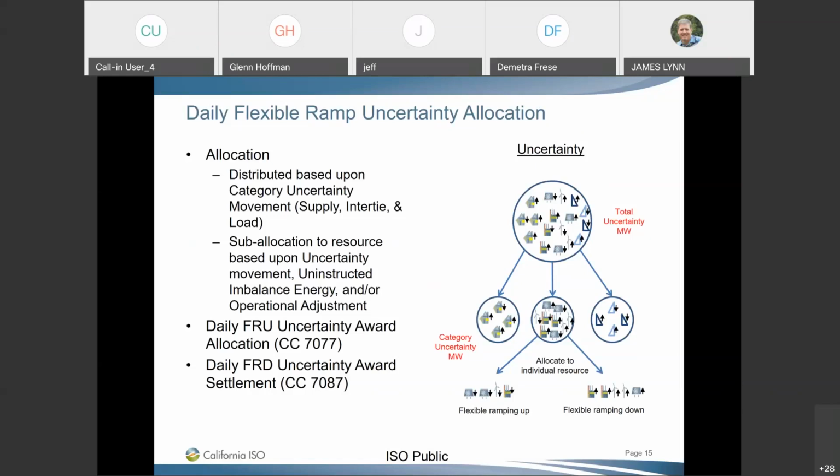Load would be associated with the down at that point. So we are looking to see which deviations in essence are causing the need for uncertainty requirements.